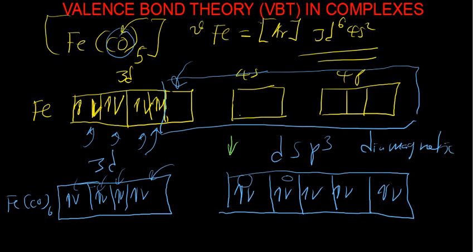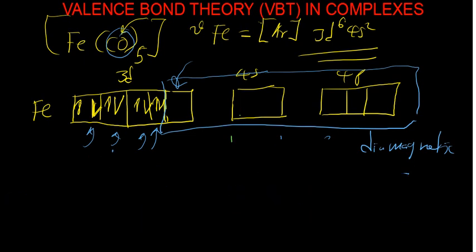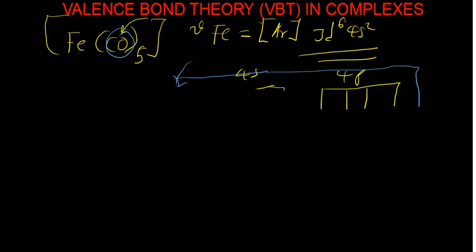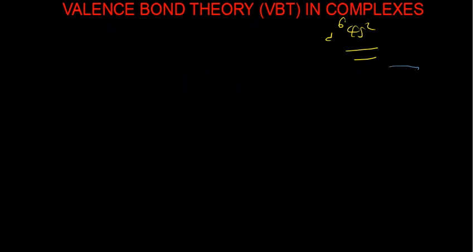Now whenever we've got this type of hybridization, dsp3, we need to know, just like when we have sp3, it is tetrahedral, and dsp2 is square planar.